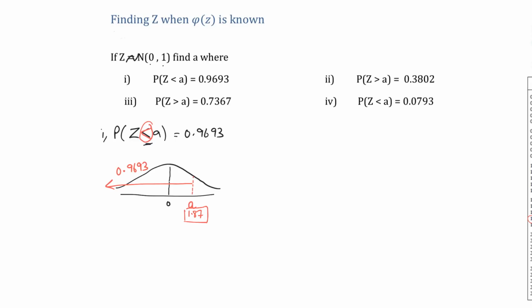As for part 2, the probability of Z greater than A is 0.3802. If you draw this standard normal distribution curve, the mean is 0. Now by considering this sign and the probability, you need to decide where A is lying.